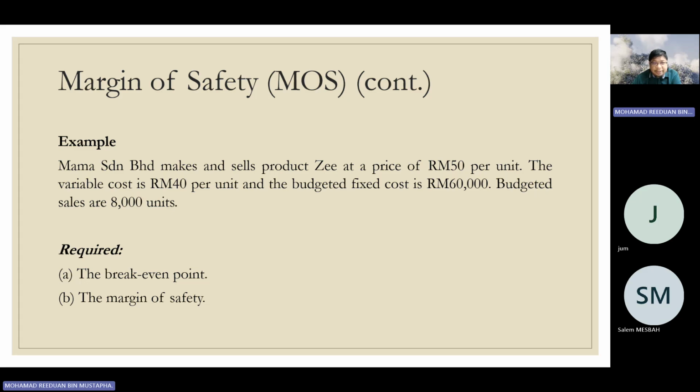Mama Sandram Bahar sells product Z at the price of 50 ringgit per unit. The variable cost is 40 per unit, and the budgeted fixed cost is 60,000. Budget sales are 8,000. So what actually is the break-even point, and what is the margin of safety?